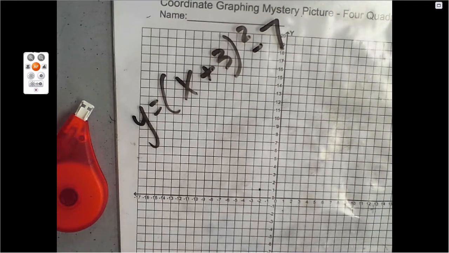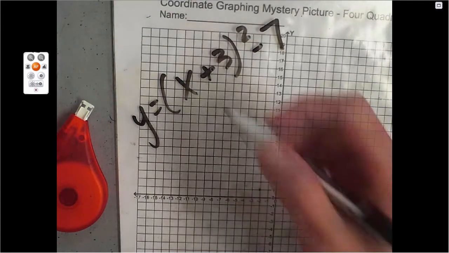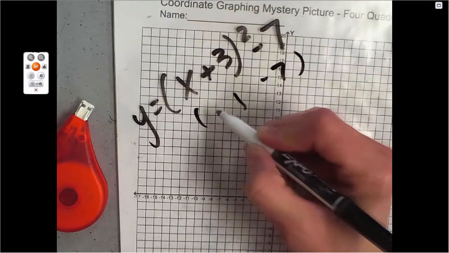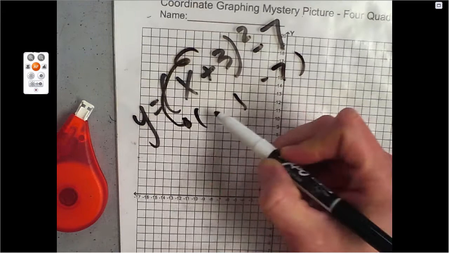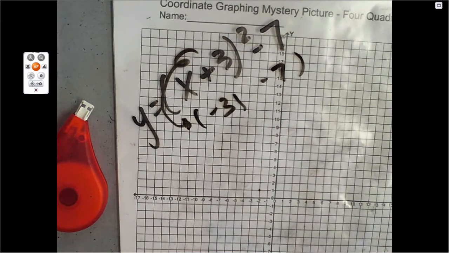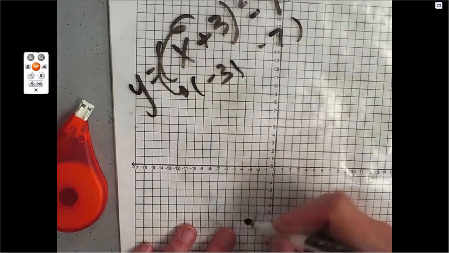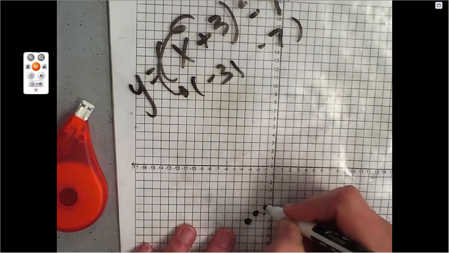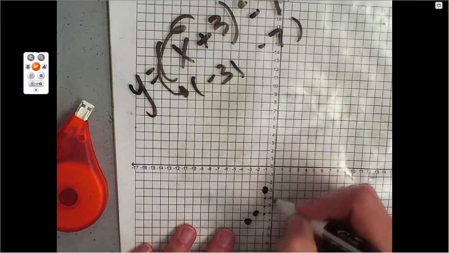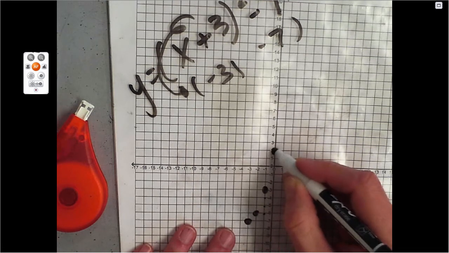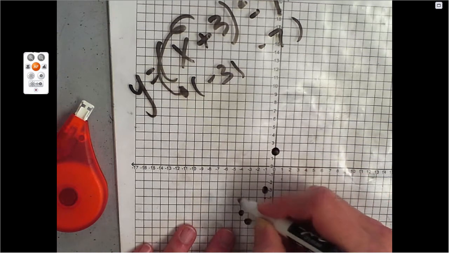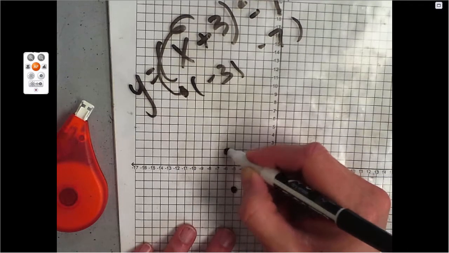Very good, very good. Okay. Negative 3, negative 7. Now I'm doing 1, 4, 9 on this. 1, 4, 9. 1, 4, 9.